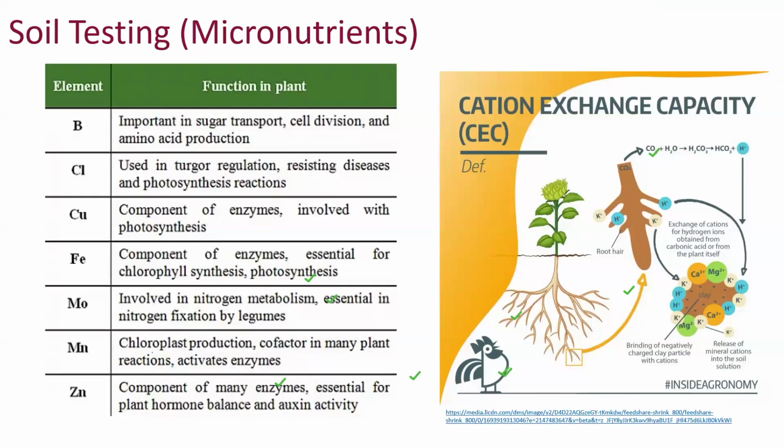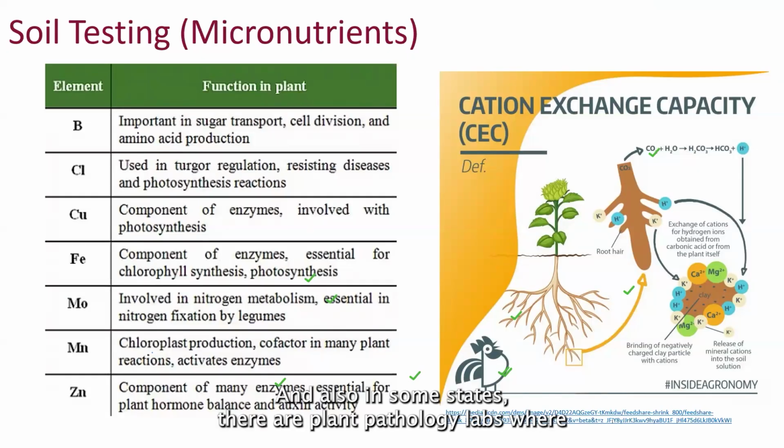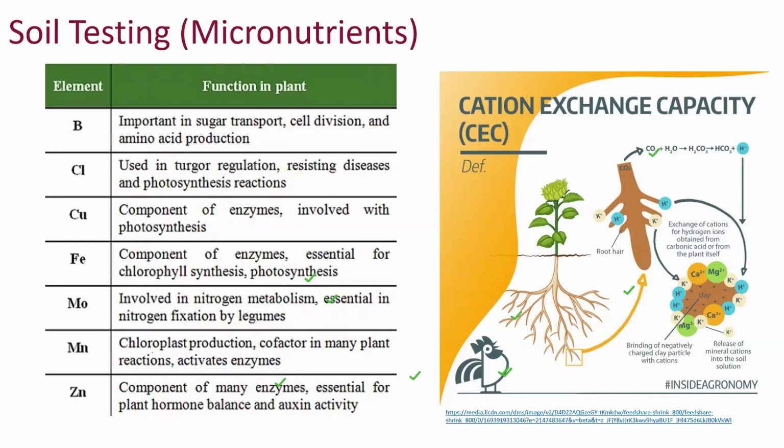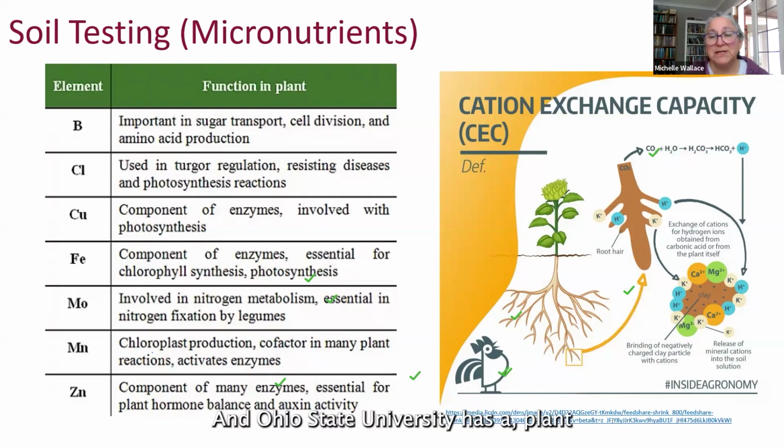Yeah, and also in some states there are plant pathology labs where you can send a sample, and professionals can then culture it and give you a specific answer. Ohio State University has a plant and insect disease lab at the Wooster campus.